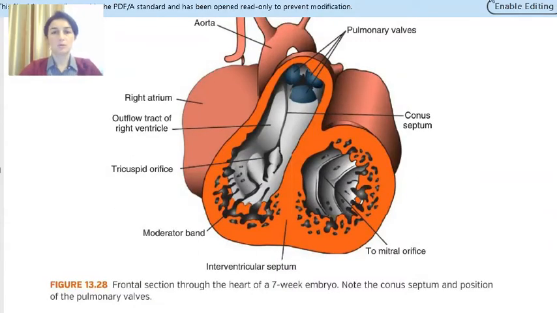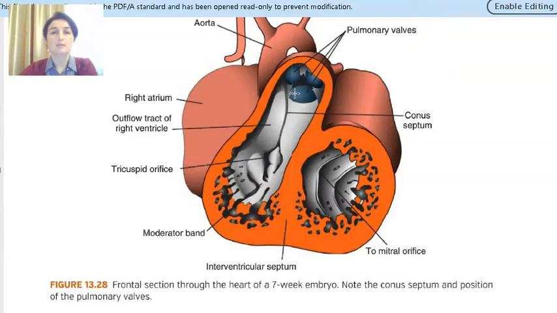So we have to know that the main source of development of the truncus arteriosus is the secondary heart field, and the source of it is the neural crest cells.